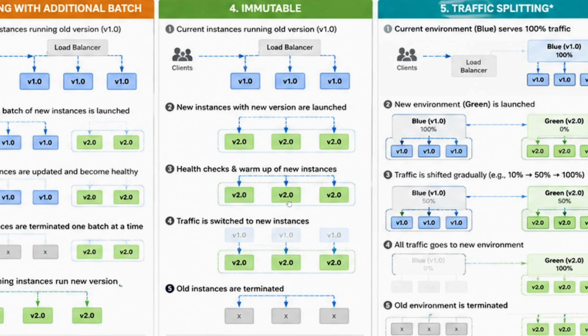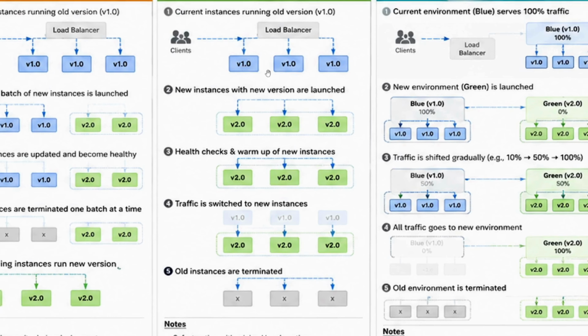Now comes the fourth one, which is immutable. What happens in immutable? New instances with the new version are launched. Your old version is still running, then you launch the new instances with version 2.0, exactly the same 3 instances. If I have set 3, then an additional 3 will be launched with the new version. Then you do all the health checks.